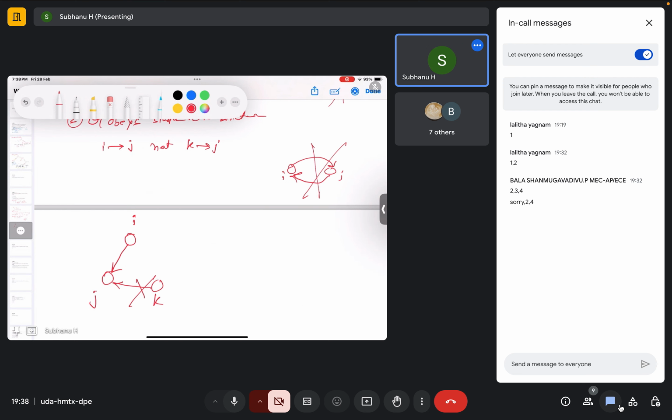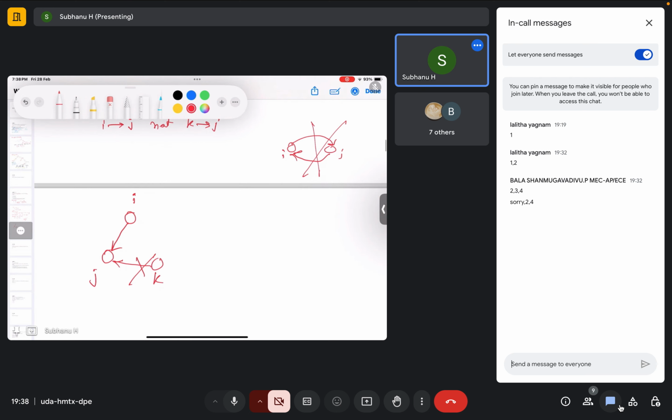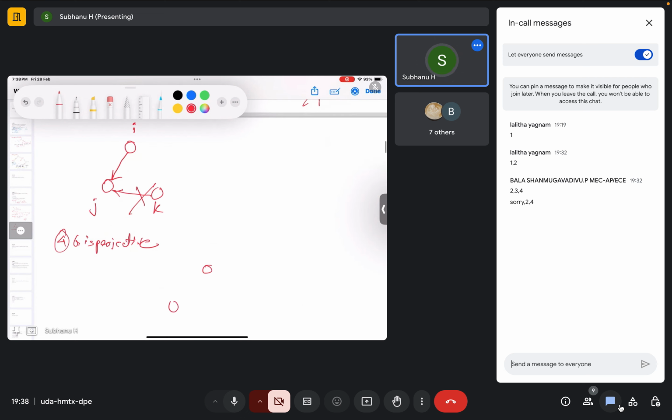Okay. And G is projective. Again I will give this same example: I, j, k.